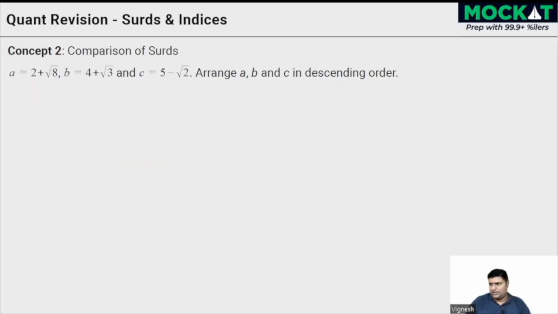Now, if you want to compare between two of them, let's take 4 plus root 3 and 5 minus root 2. Which is greater? Just square both sides and see what you're getting. 4 square is 16 plus 3, 19, plus 2 fours are 8 root 3.